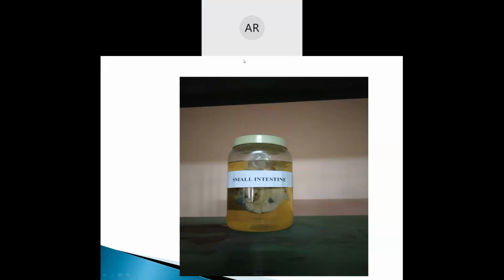It's divided into how many parts? Pardon, ma'am? The small intestine is divided into how many parts? 3 parts. Can you name them? Yes, ma'am.